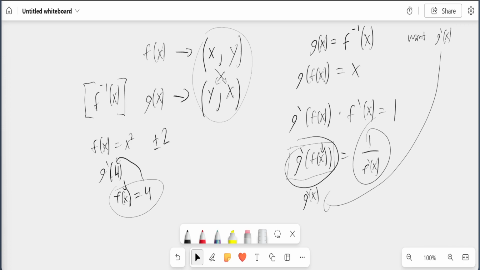Find g prime of 4 in 2 ways. Interesting, in 2 ways. I'm not sure if in 2 ways, because there are 2 answers to this, if that's what it's asking. Do you have the answer key?